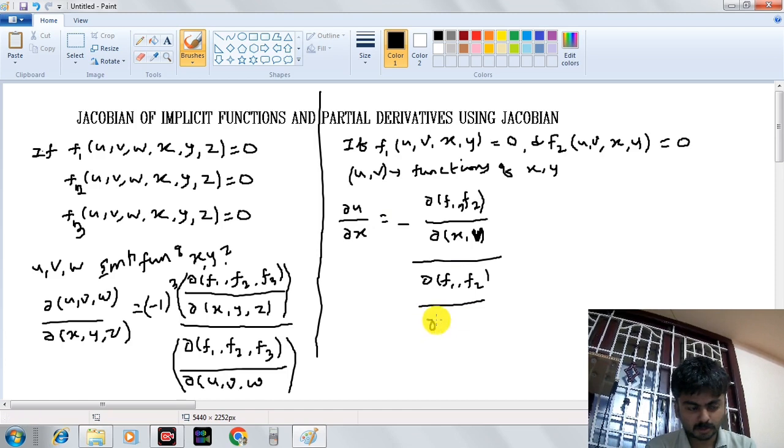So ∂(u, v). In the same way, I am going to write the second formula, ∂u by ∂y, and then ∂v by ∂x, and after that ∂v by ∂y. Okay, there are four formulas.